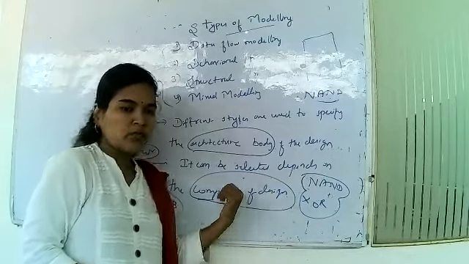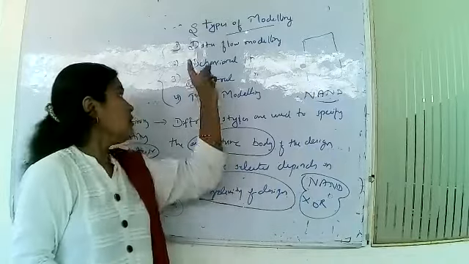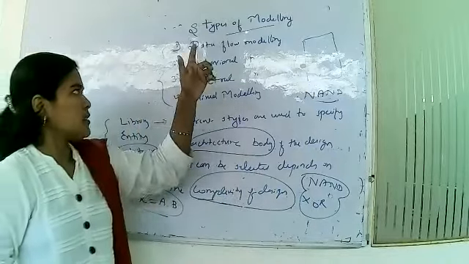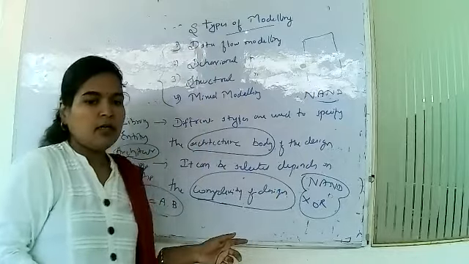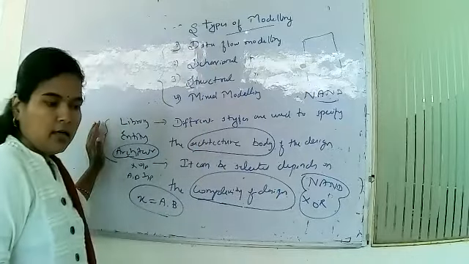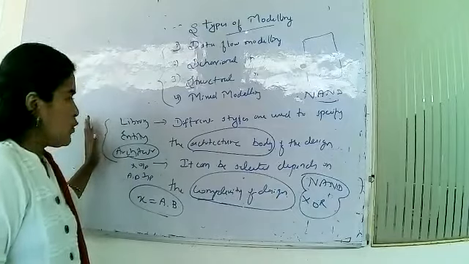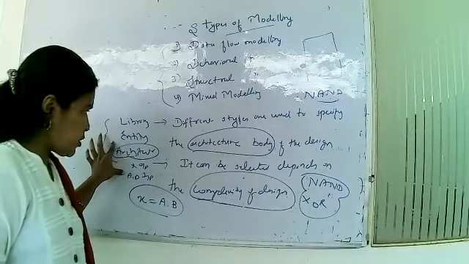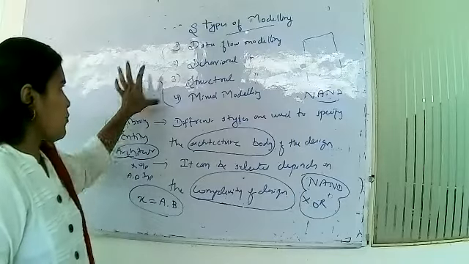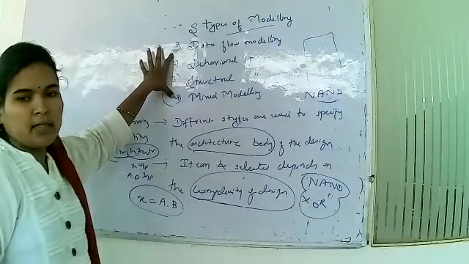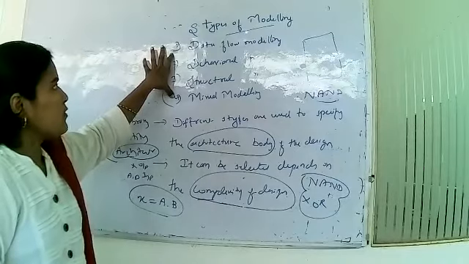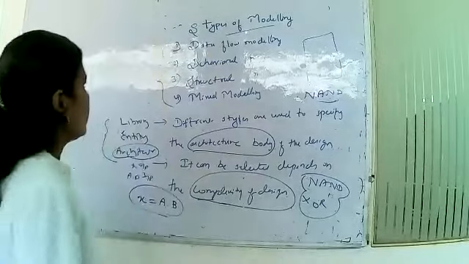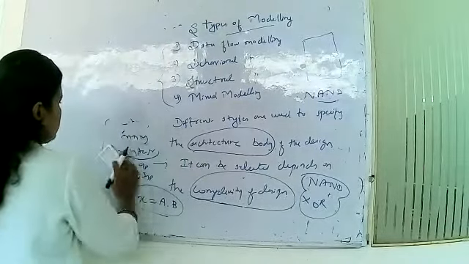Depending on the complexity, you need to select the style of modeling. So, this is the total styles of modeling. While writing the programs, you need to write the library and the architecture. While writing the architecture, you need to understand these four styles of modeling. So first we will study data flow modeling.